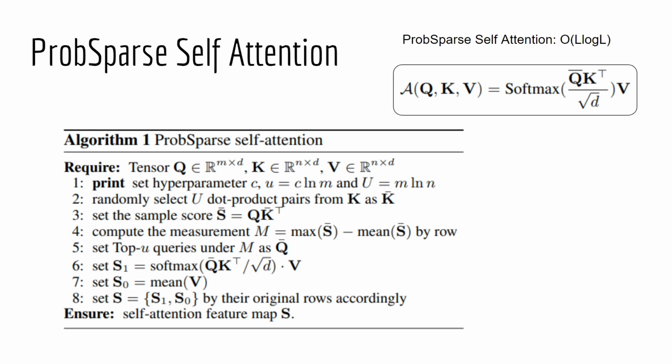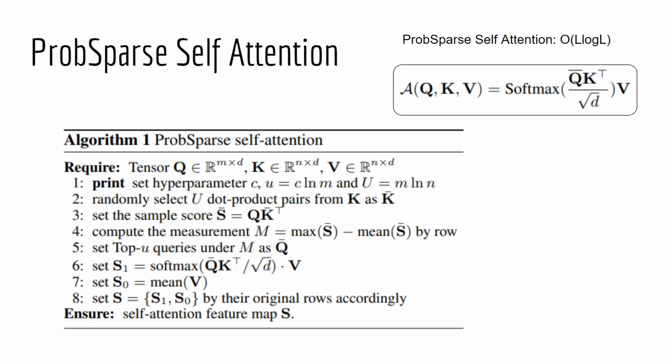To do this, ProbSparse self-attention tries to minimize that number by making it L log L instead of L squared. It uses the same equation as regular self-attention, except with an altered Q. Here is pseudocode explaining how ProbSparse self-attention works.